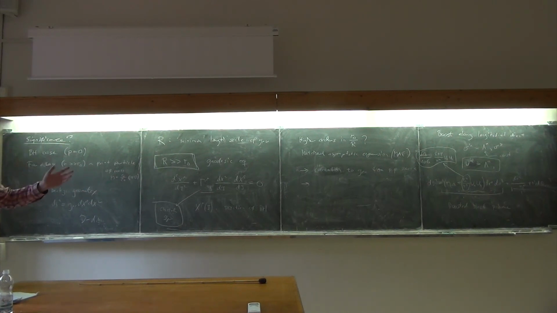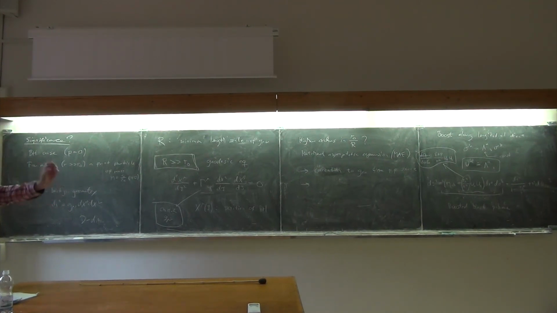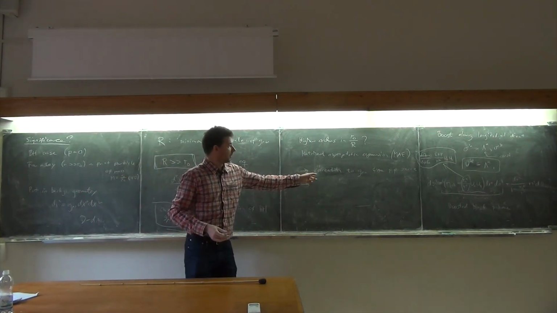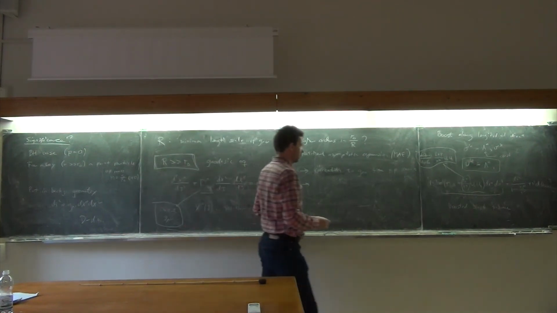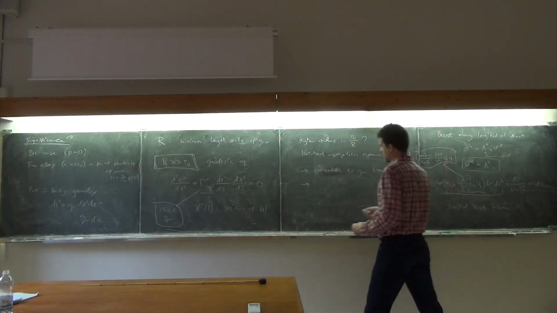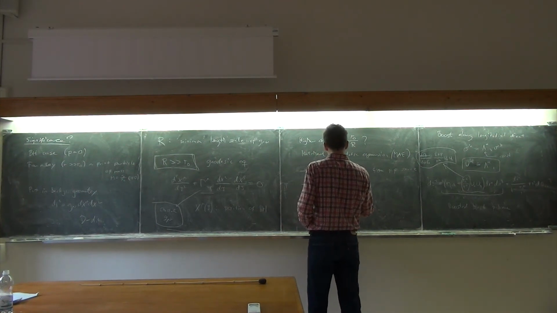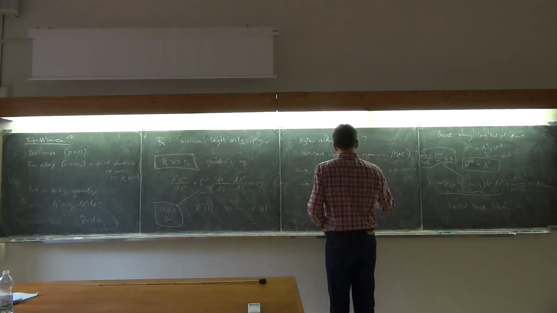Before, the black hole was in an asymptotically flat space-time. Now the black hole will be in a non-asymptotically flat space-time because there's going to be some correction from this far away from the black hole, and this means that you should compute the correction to the geometry near the black hole.